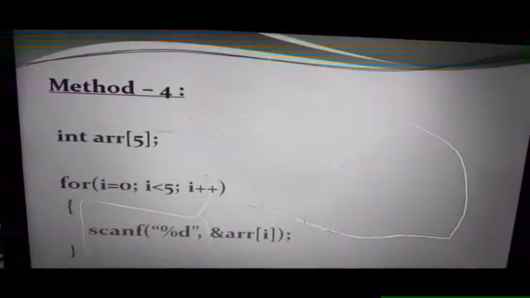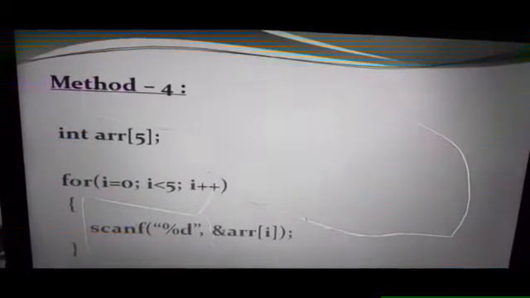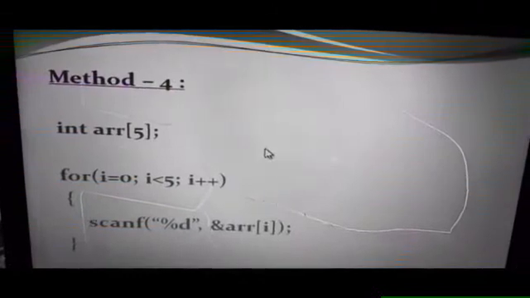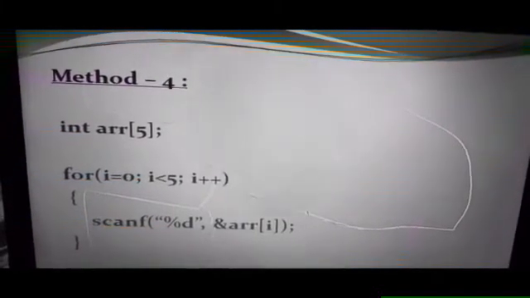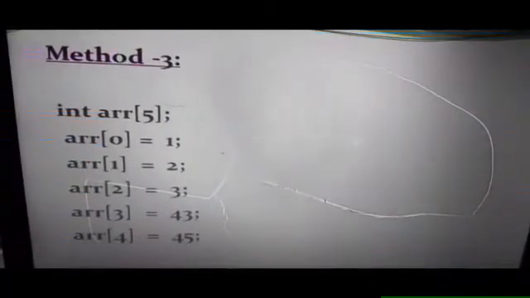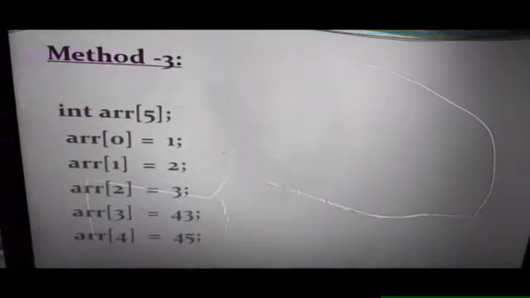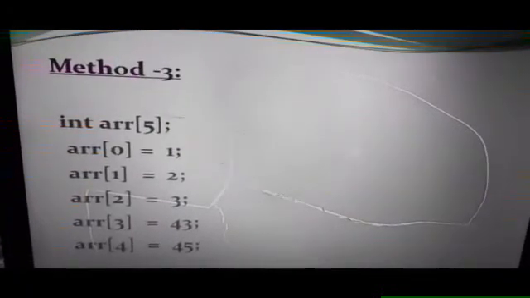All these methods are correct, but method number 3 is not considered to be a preferred method because it is quite cumbersome to mention all these indexes and then enter elements in these indexes one by one.